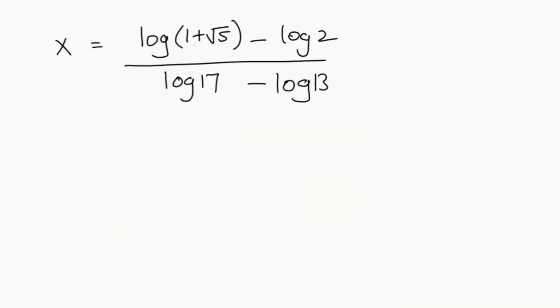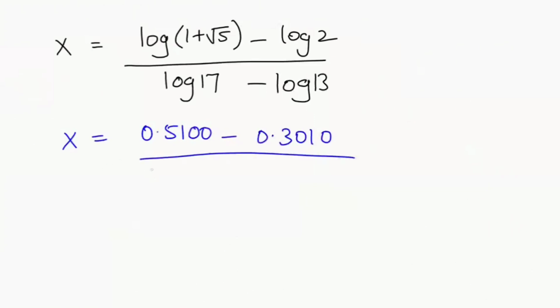Now here I'm going to plug in the log values. x is equal to log of 1 plus root 5 is 0.5100 minus 0.3010, over this will be equal to 1.1139 minus 1.0413.